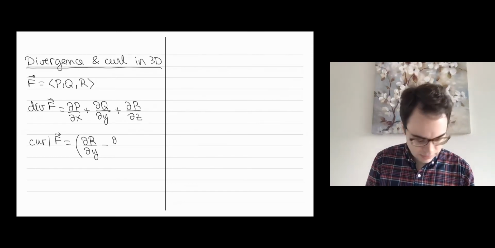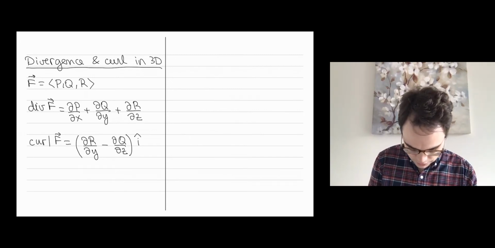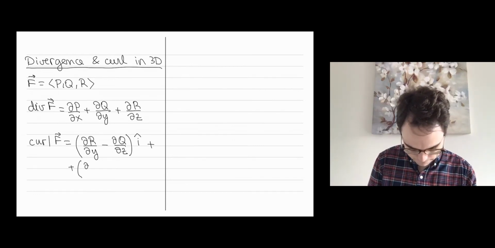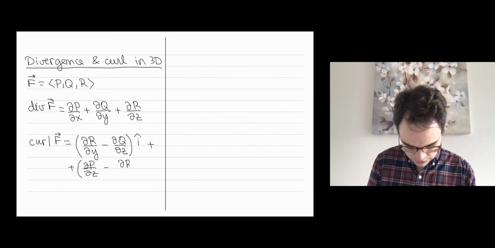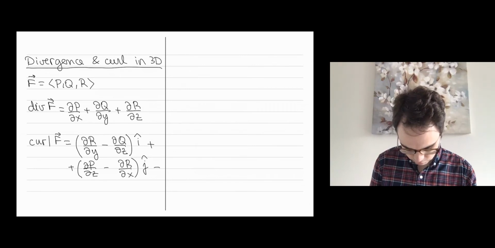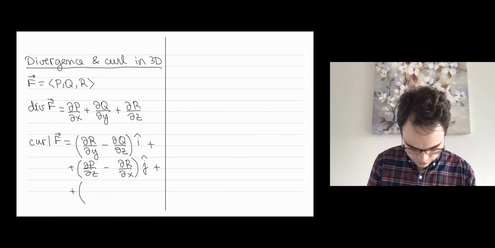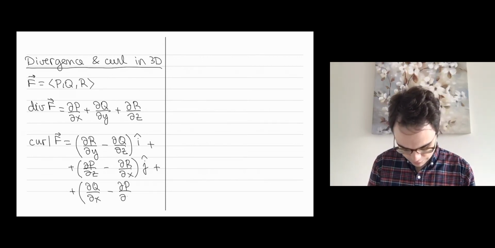Then the j component is dp dz minus dr dx. And then the third component of the curl is dq dx minus dp dy, the combination of partials we're familiar with.